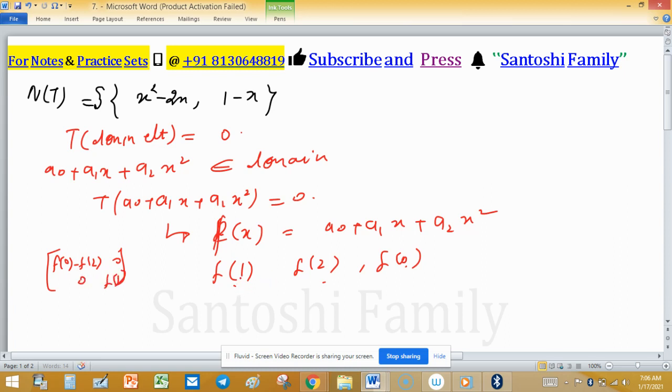So find the image at 1. It will be f1 is a naught plus a1 plus a2, f0 is equal to a naught, and f2 is equal to a naught plus 2 times a1 plus 4 times a2.